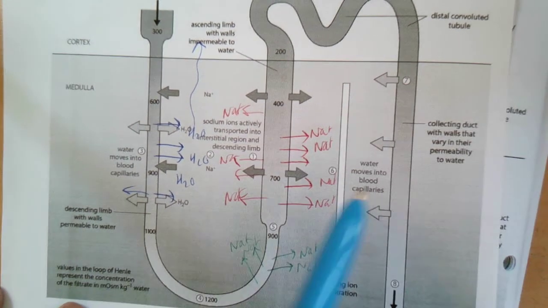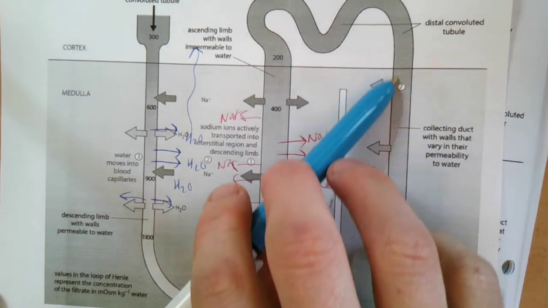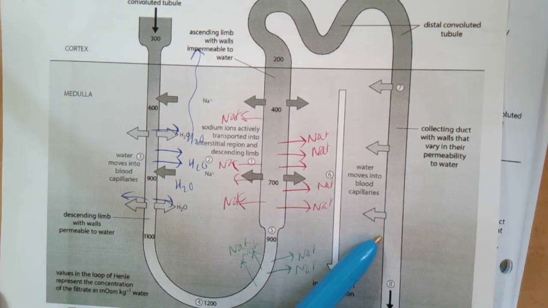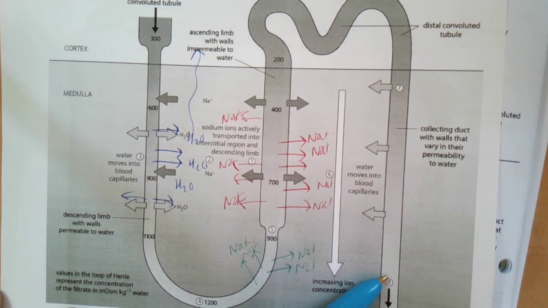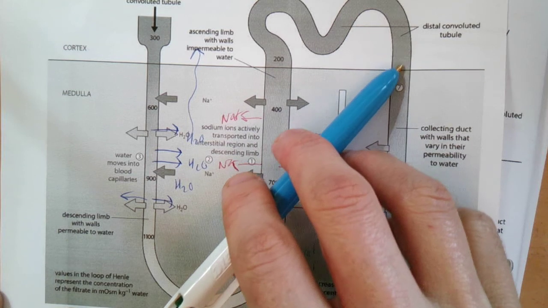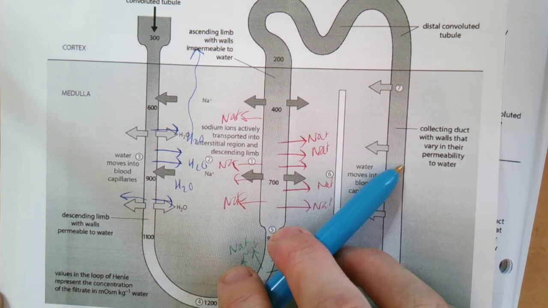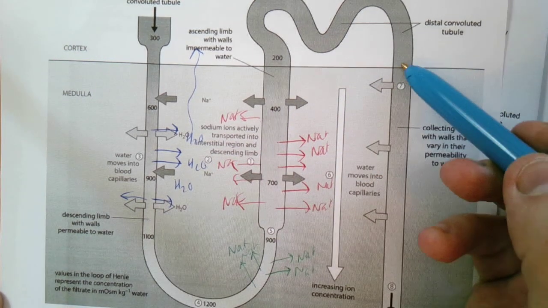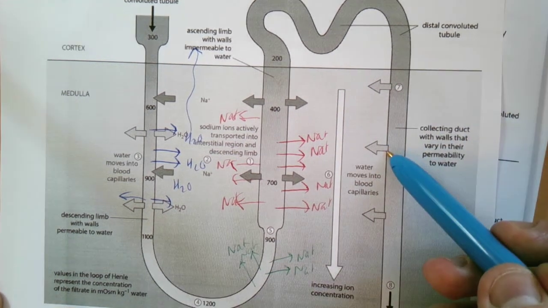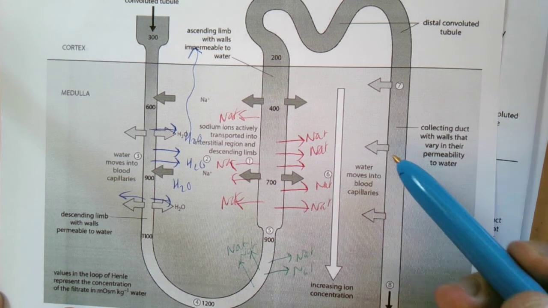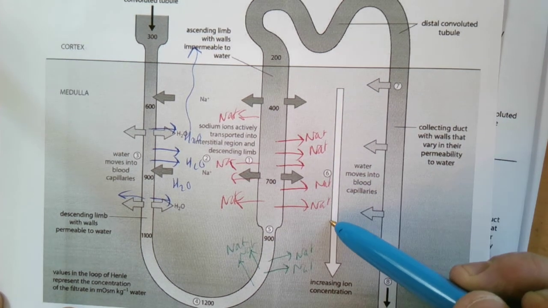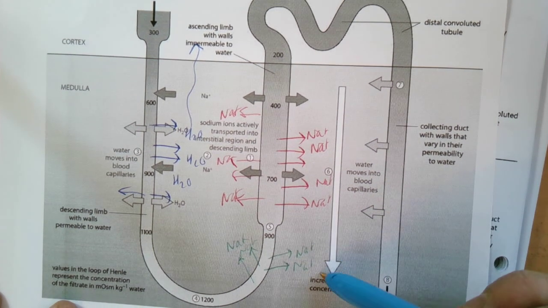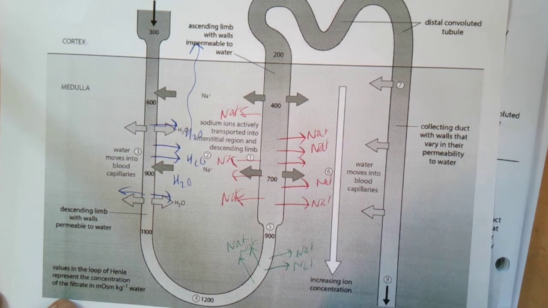That means that although by this point where the filtrate enters the collecting duct, although there'll be very, very few water molecules in there, the water potential in the collecting duct is always higher than the water potential in the tissue fluid or the interstitial space, because there's just so many ions in there.